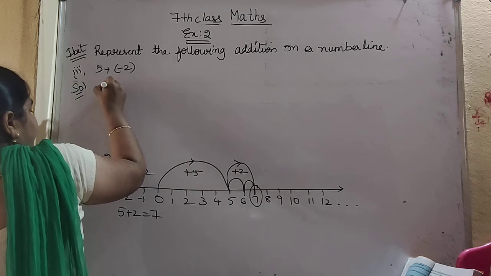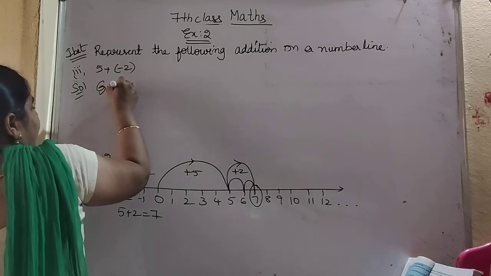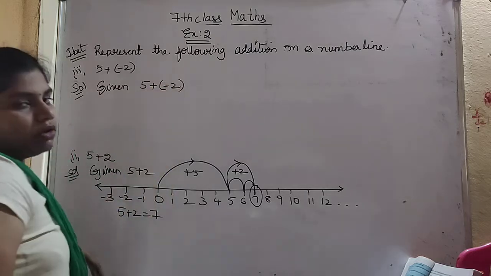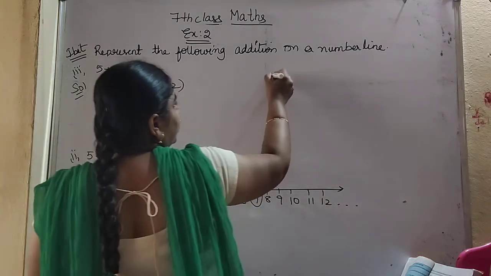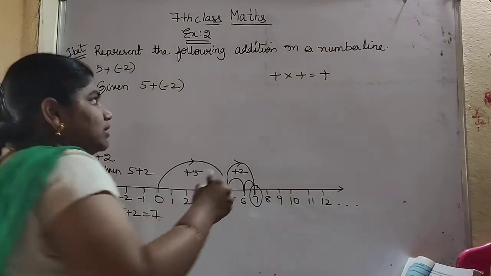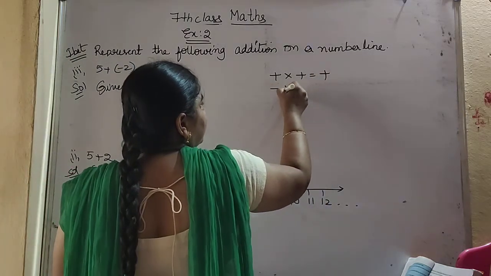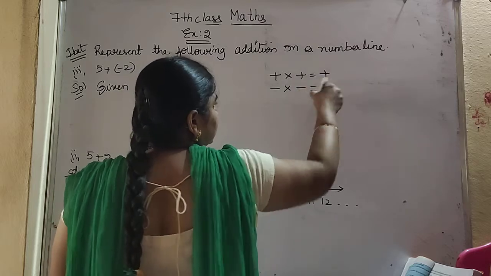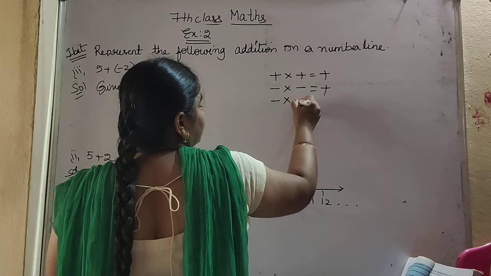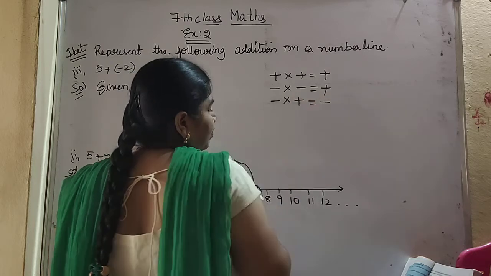So solution. First, given is 5 plus of minus 2. Already I told you about the signs, that is if you are multiplying two same signs, always the result will be plus. If you are multiplying two minus signs, again the result will be plus. If you are multiplying two opposite signs, that is minus into plus, that will be minus.